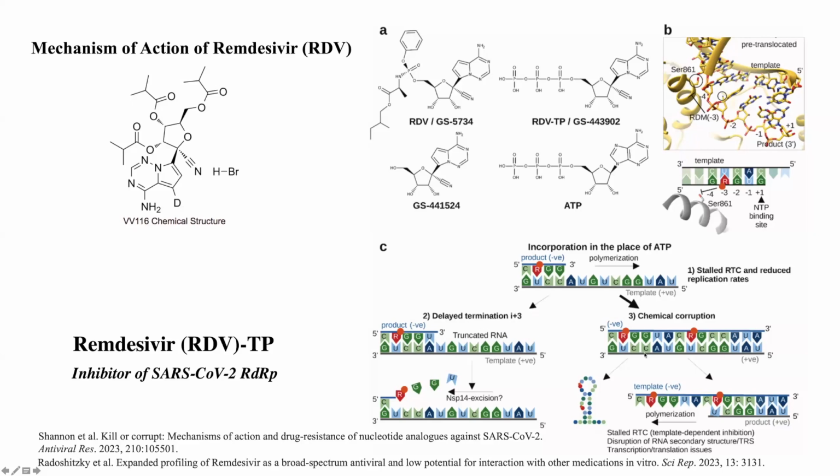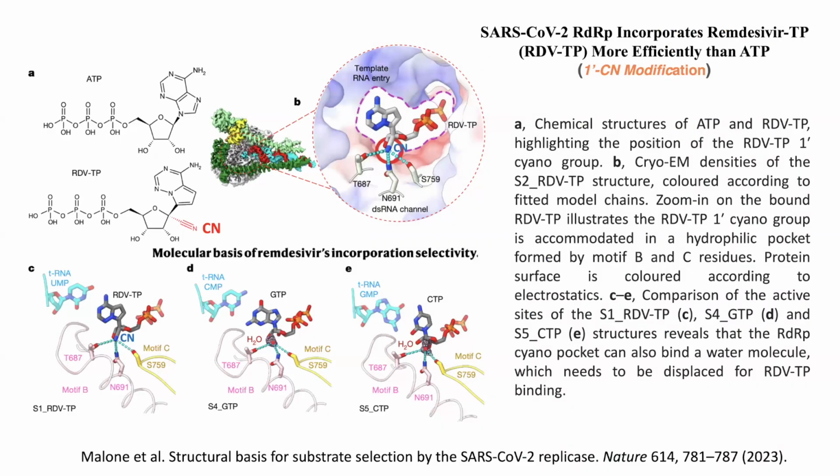So if both of these mechanisms work perfectly, then remdesivir should be a very potent drug for COVID-19. However, we showed later on that the remdesivir-terminated RNA has no exonuclease resistance. But one beneficial aspect of remdesivir, when it turns into the active triphosphate, is its highly efficient incorporation by the SARS-CoV-2 RDRP because of the cyano modification.